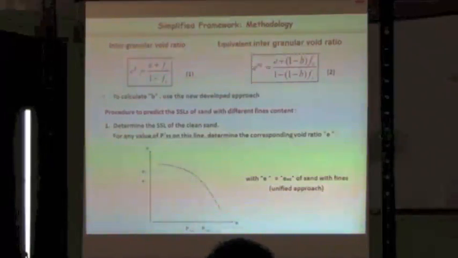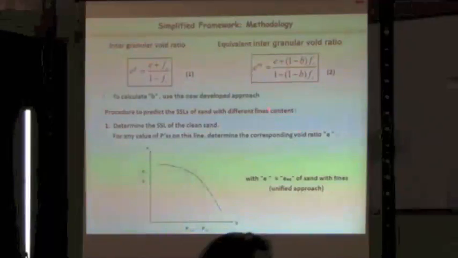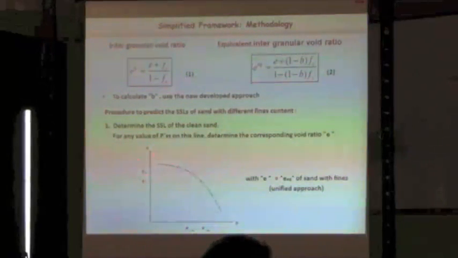To predict the steady state line of sand with different fine content, we have first to determine the steady state line of the clean sand, which is easy to perform in the lab, and then for any value of p' and q at steady state, we calculate its corresponding void ratio.